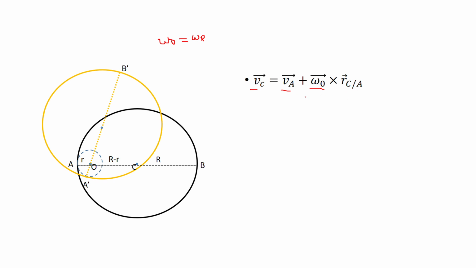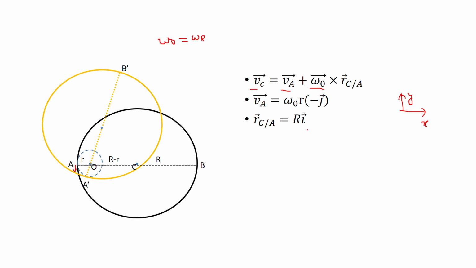Va is the velocity of the point of contact of the ring with the finger, and that is known. Va is omega naught into r, and the direction is minus j. Here I have taken the coordinate system. This I have taken as positive x-axis, and this is taken as positive y-axis. So Va is known, that is omega naught r in minus j, and Rca is the position vector of the center with respect to point A, and that is R i.